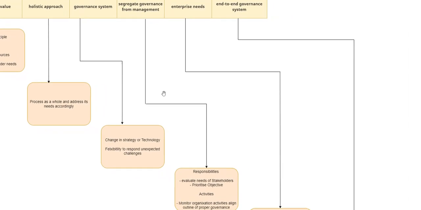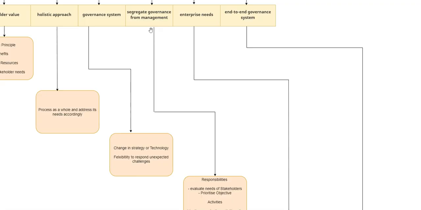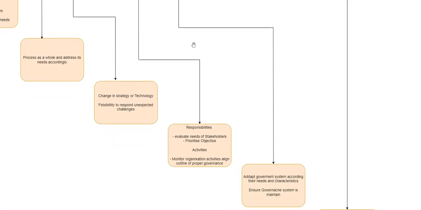Segregate governance from management. There are two areas of purpose in segregating governance from management: responsibility and activity. Responsibility is to evaluate the needs of stakeholders and prioritize objectives.